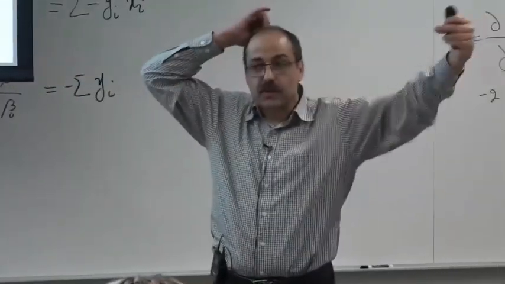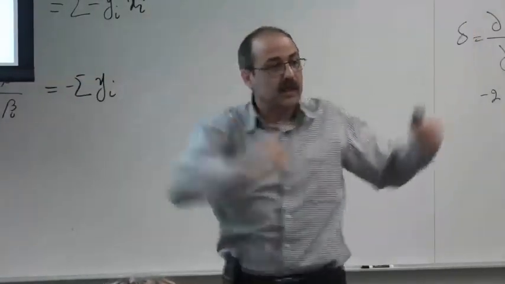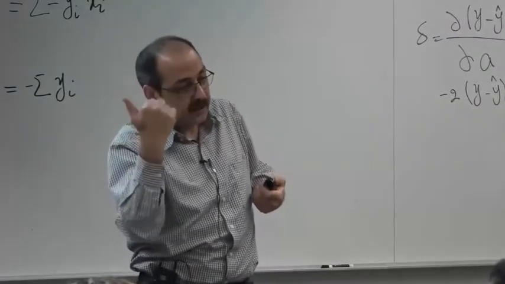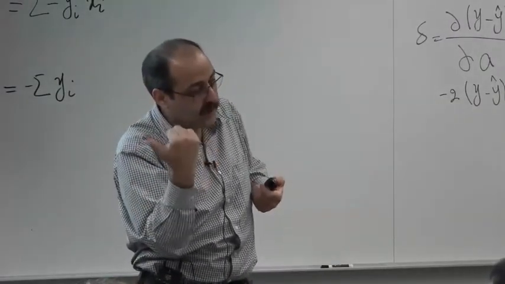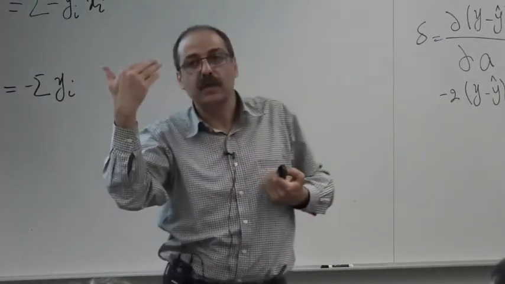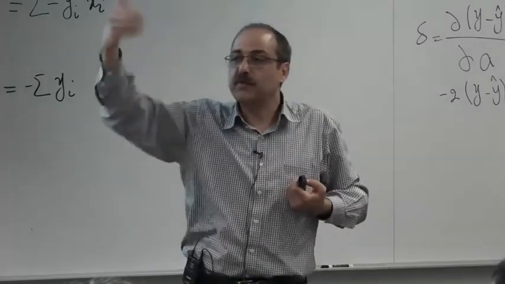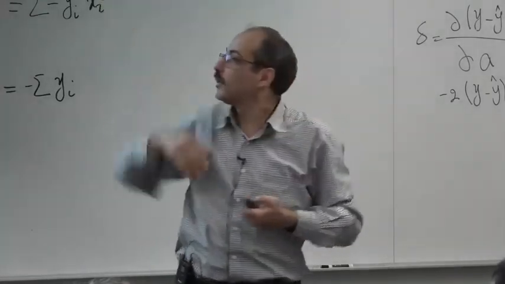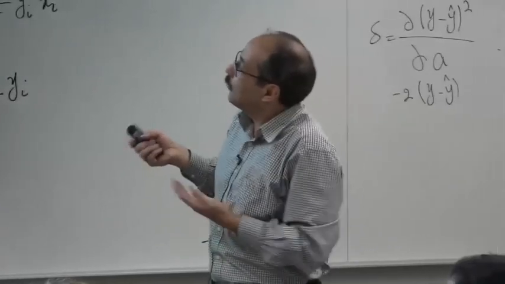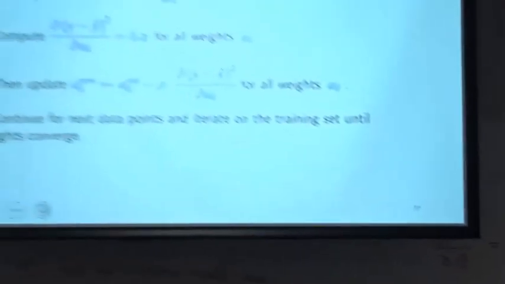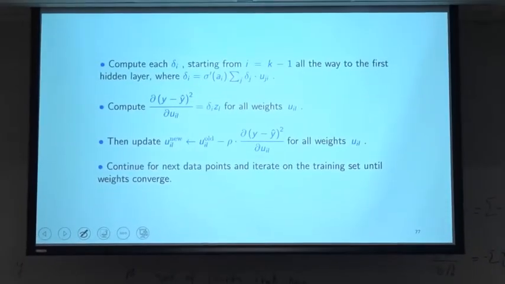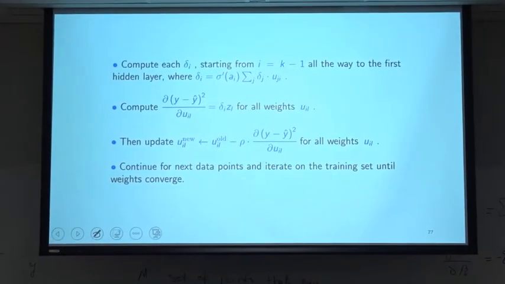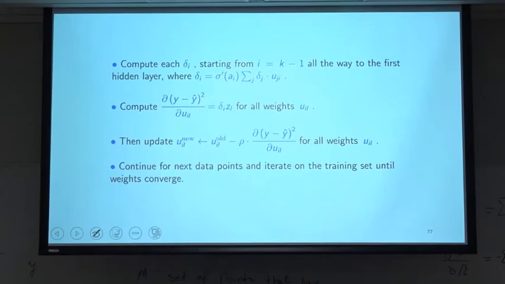Now you can compute this quantity for the last layer. Now you can backpropagate this delta to compute the delta of the previous one, previous one, previous one, using this recursive formula. You can go back, and then you have the delta of all layers. You have delta i, you have delta j, you have all of the deltas.